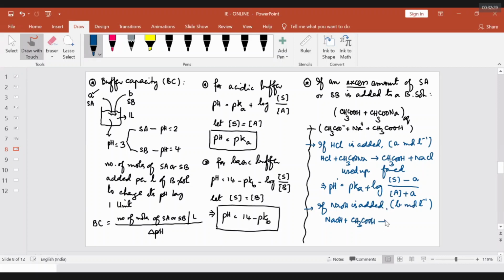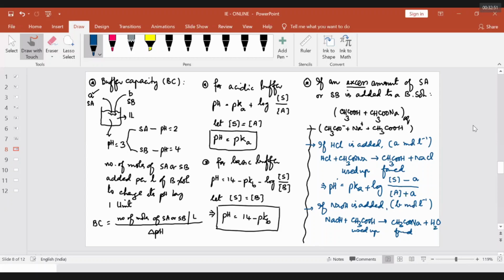Therefore, sodium hydroxide will be used up with the available acetic acid, this fellow. And there is a formation of sodium acetate, CH3COONa. Write down properly, sir. There is a formation of sodium acetate and water. Acetic acid used up and sodium acetate formed.